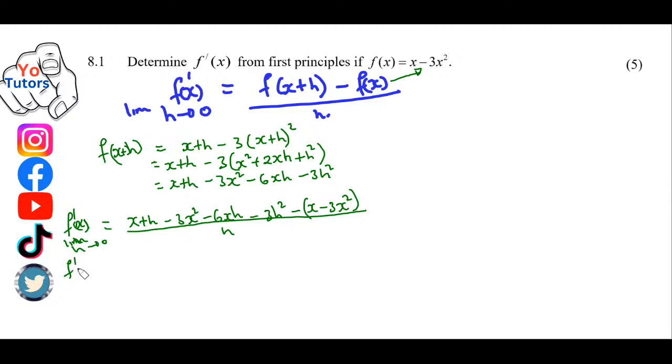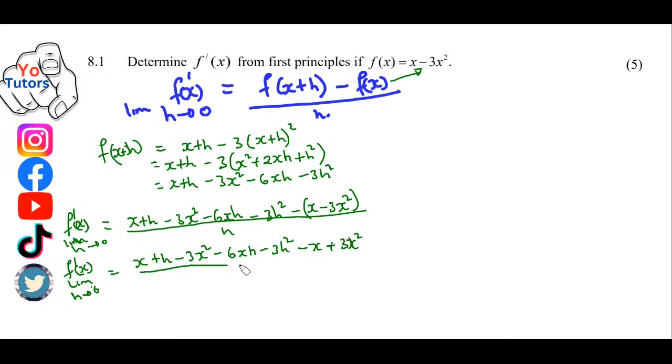So here, what are we going to have now? Let's have our limit h approaching 0. Here is going to be equal to x plus h minus 3x squared minus 6xh minus 3h squared minus x plus, there's a minus and a minus, going to give us plus 3x squared.